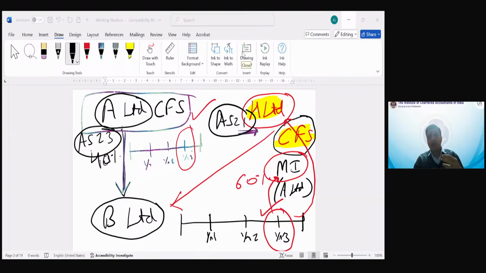We are not going to discontinue on this consolidation. Please remember, all of this will be consolidation, but the standard is going to change. So let's continue after the break. Anil has one question. Yes, Anil, please tell me what is your query?